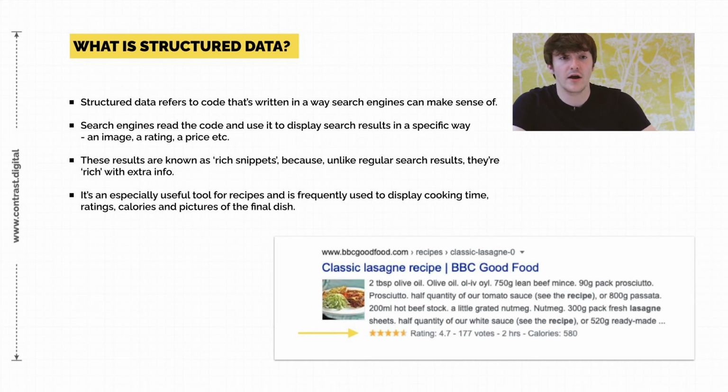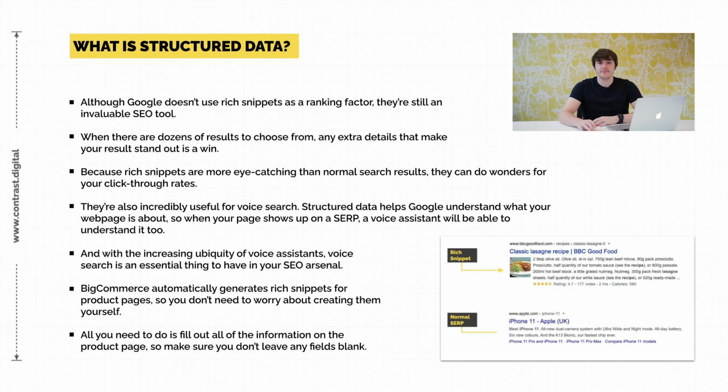It could be whether it's in stock, or what the price is. This is metadata that's pulled out of the page, which we can mark up. The great thing from a BigCommerce perspective is that it automatically generates the structured data code for you, so you don't have to do that. All you have to do on the back end is input the information it needs to populate these fields. It makes your life really simple.